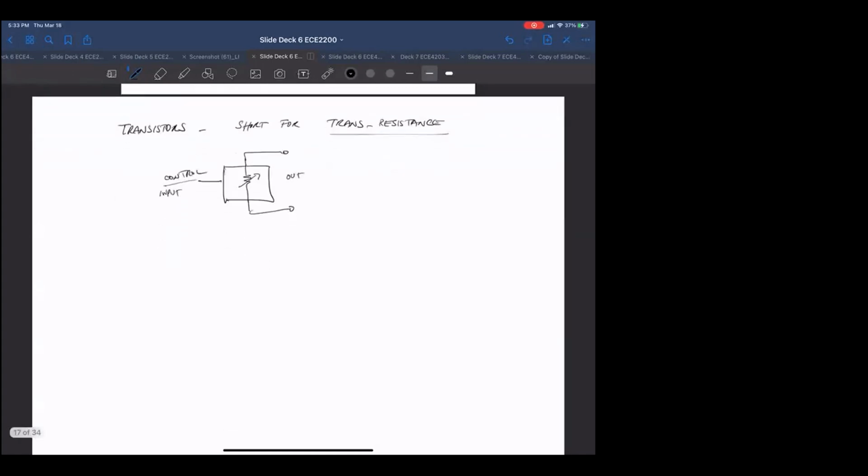In our case, we don't have this variable resistor, we have more like a variable current source. If you think of this as a control input, we have a current source that we are changing given the input. Okay, so that's the word transistor and where it comes from.